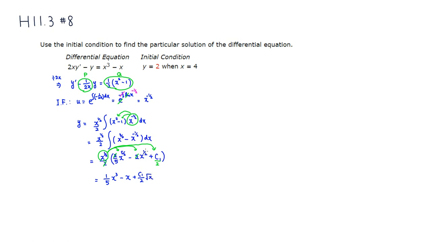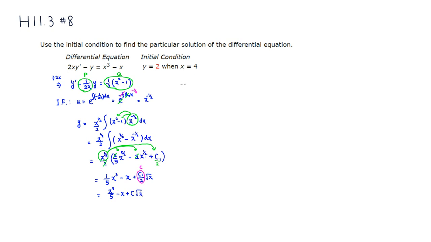But there's no point in having c1 over 2, so I'm going to call this c. So I'm going to clean it up as x cubed over 5 minus x plus c times square root of x. Let's find c.